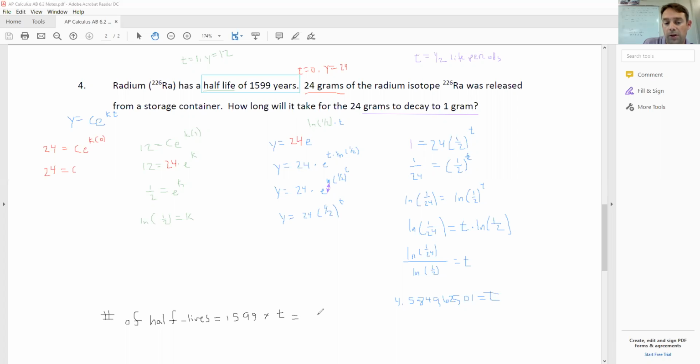So we end up with 1599 times that big ugly decimal, which would be about 7,331 years.